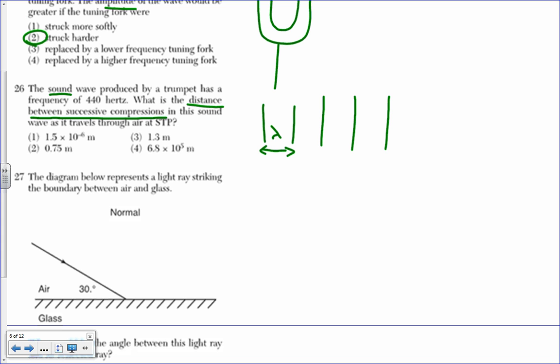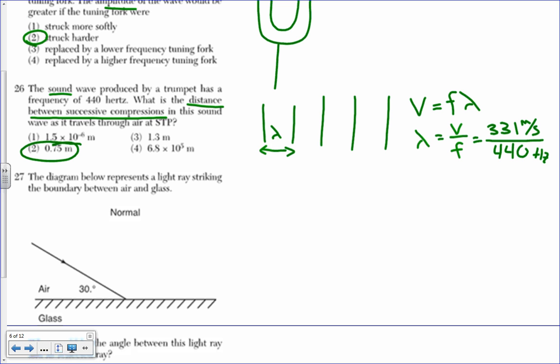Now it's sound, so once again, we know how fast it's traveling. We just need to figure out what the wavelength is for that frequency. So lambda equals v divided by f. The speed of sound is 331 meters per second divided by the frequency of 440 hertz. If you do that in your calculator, you get about 3/4 of a meter.